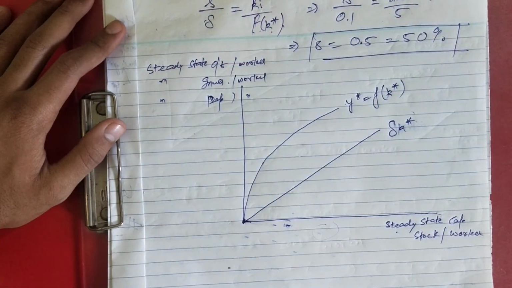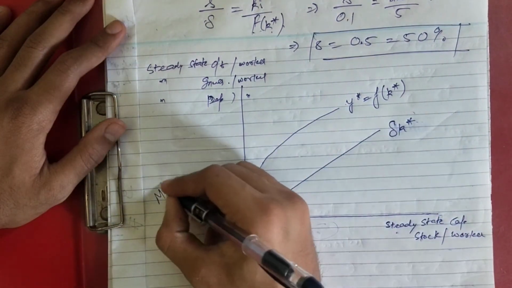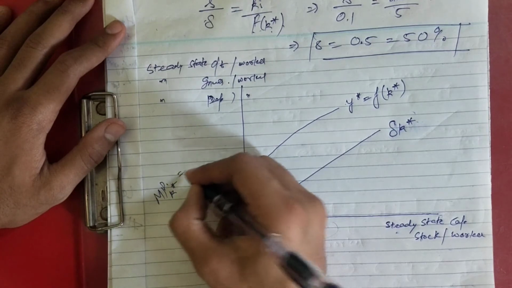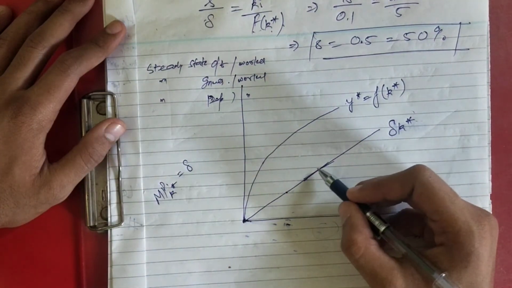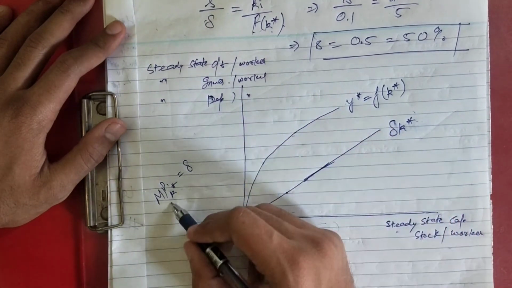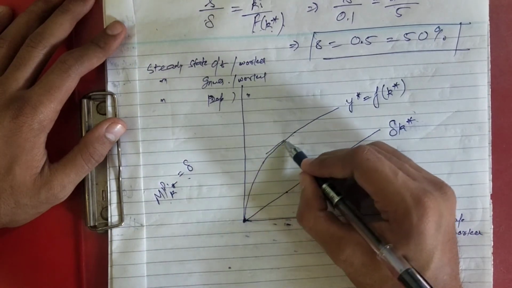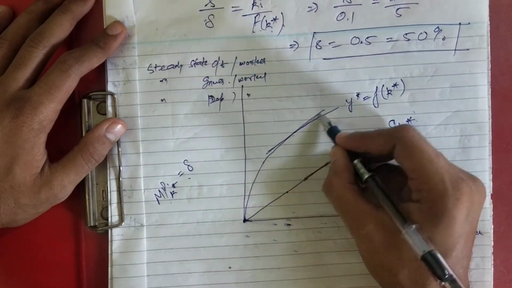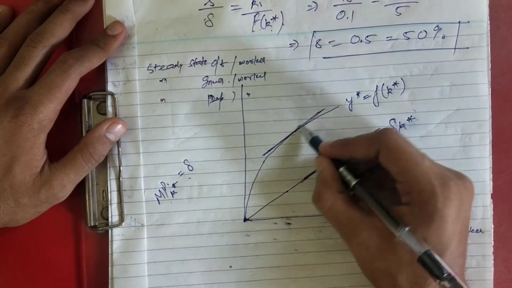Now you know the condition is MPK star is equal to delta, right? So this is the slope of delta, and you have to make the exact slope here, then only these two slopes will be equal. You can just draw a parallel line, parallel to this delta K star.